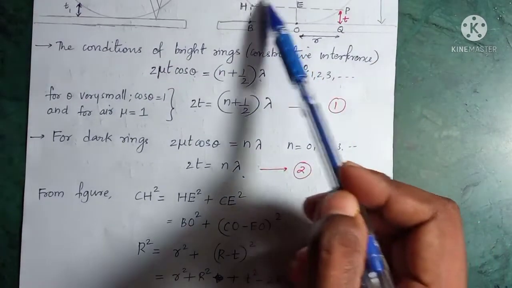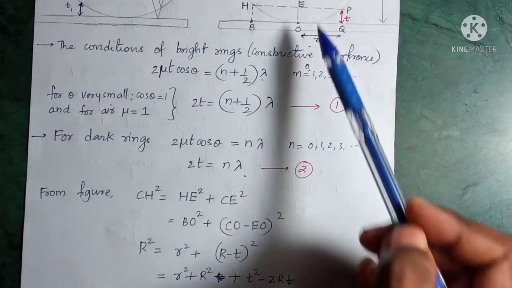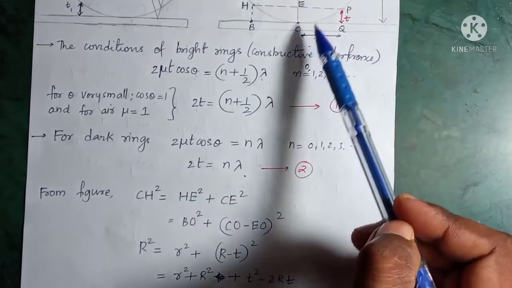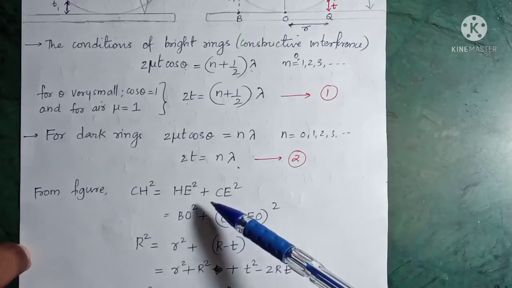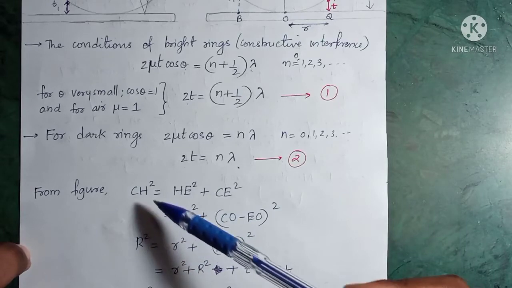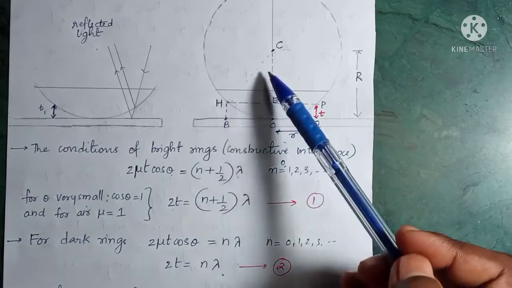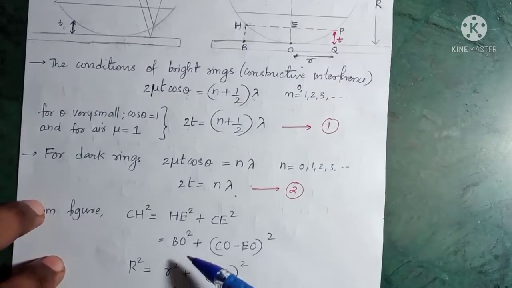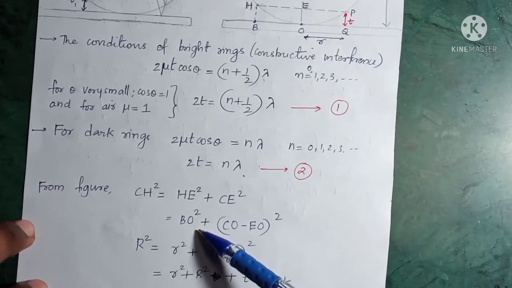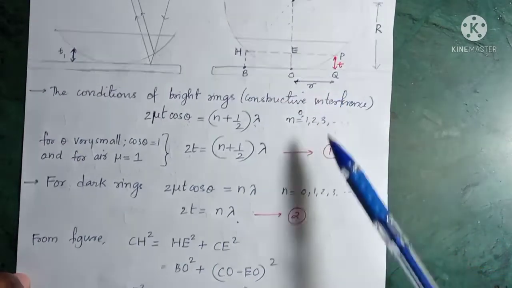Then HE is equal to BO, so CH square equals BO square plus CE square, where CE can be written as (CO minus EO) whole square. CH is the radius of the sphere, capital R, and HE or BO is the distance small r.